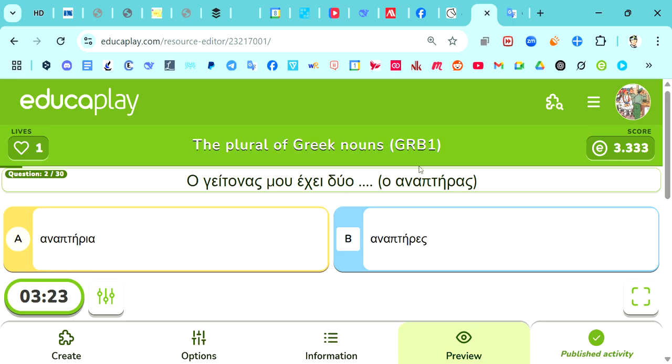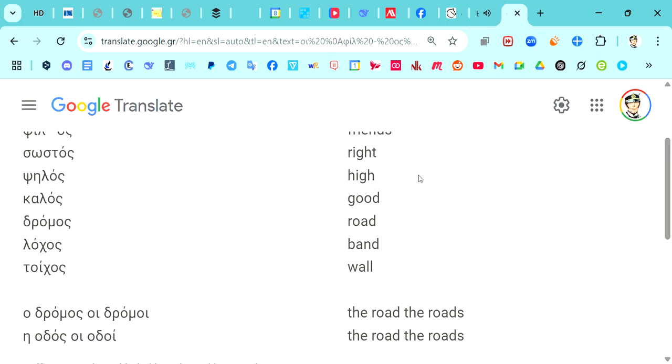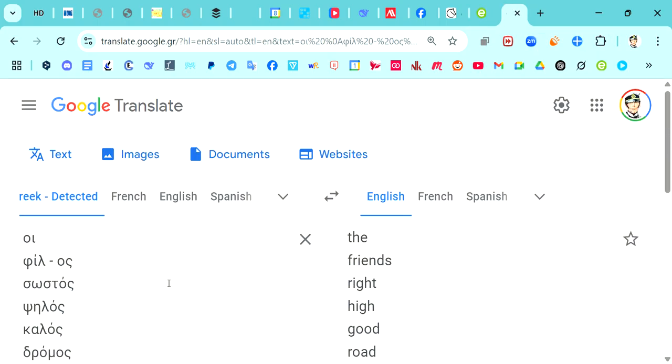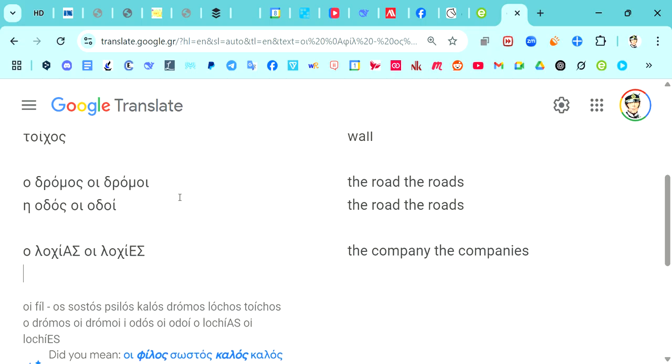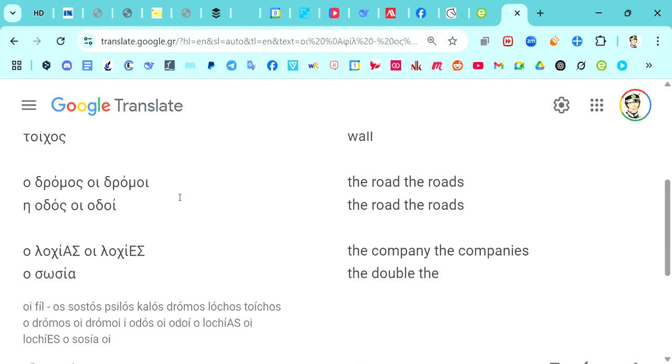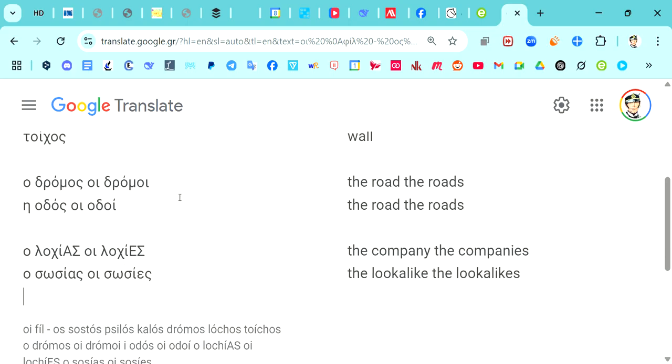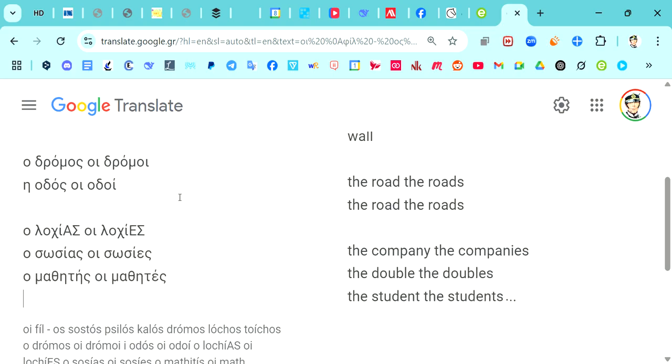And what group of word do we have? A masculine word in -ας. Masculine words in -ας and in -ης follow the same rule in the plural. So for instance, ο λογίας becomes οι λογίες, ο σωσίας, οι σωσίες, and just to have one word in -ης, ο μαθητής, οι μαθητές.